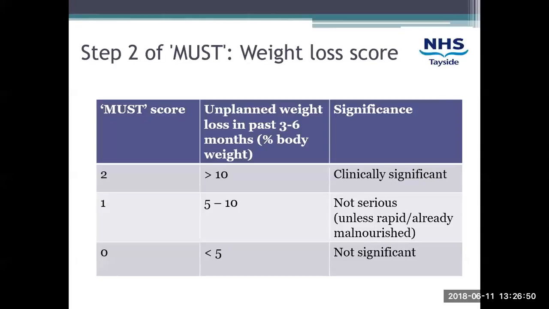If the resident has lost between 5 to 10% of their body weight, that would score a risk score of 1, and that would not be as serious, unless rapid and already malnourished. So it's not as clinically significant, but it is still medium risk. And then if it's under 5% within that 3 to 6 month period, they would score a score of 0, which would not be significant.